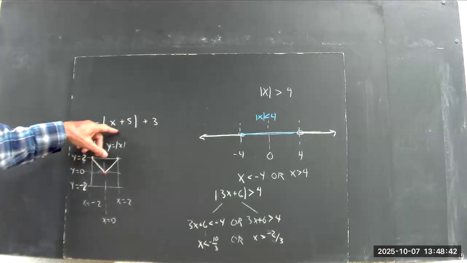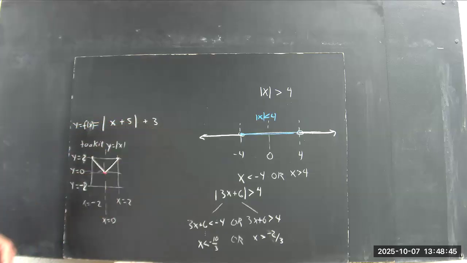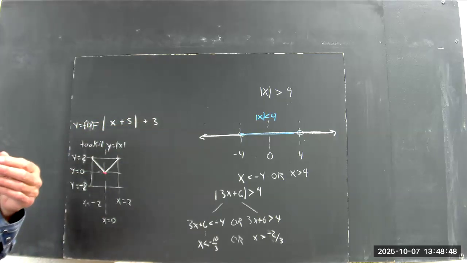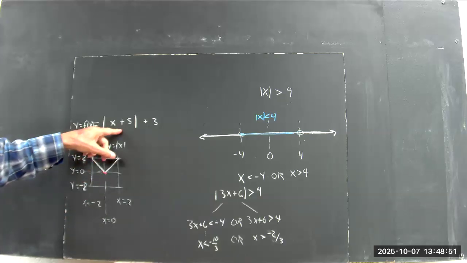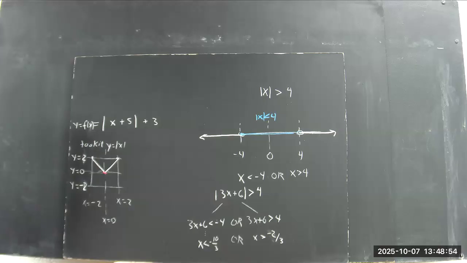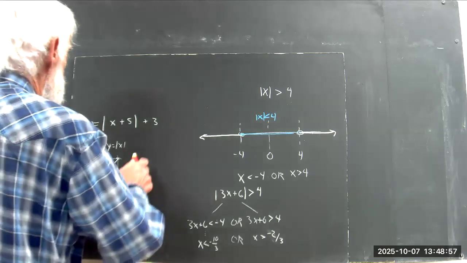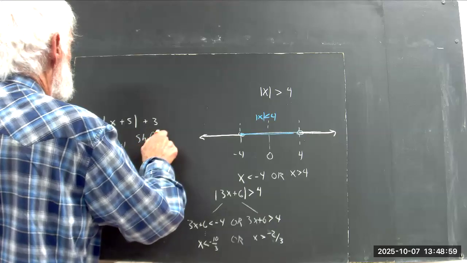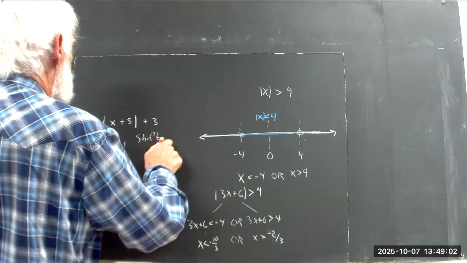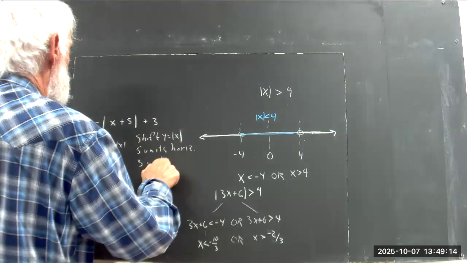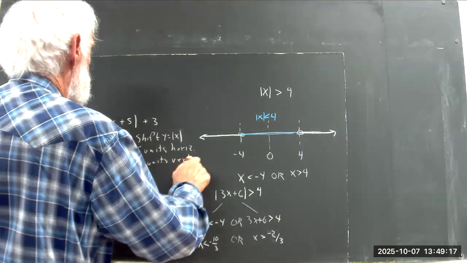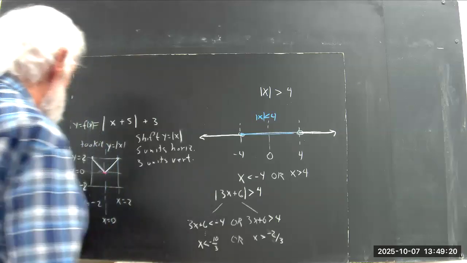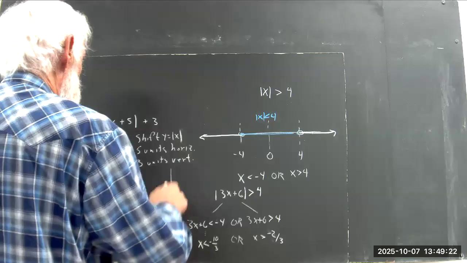Now, what's a graph of absolute value of x plus 5 plus 3 look like? Well, you have to shift it 5 units to the left and 3 units up. Well, set of X and Y axes.